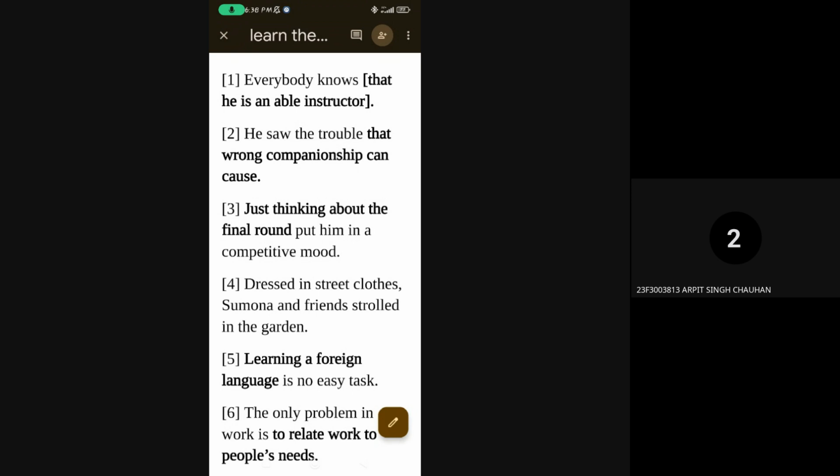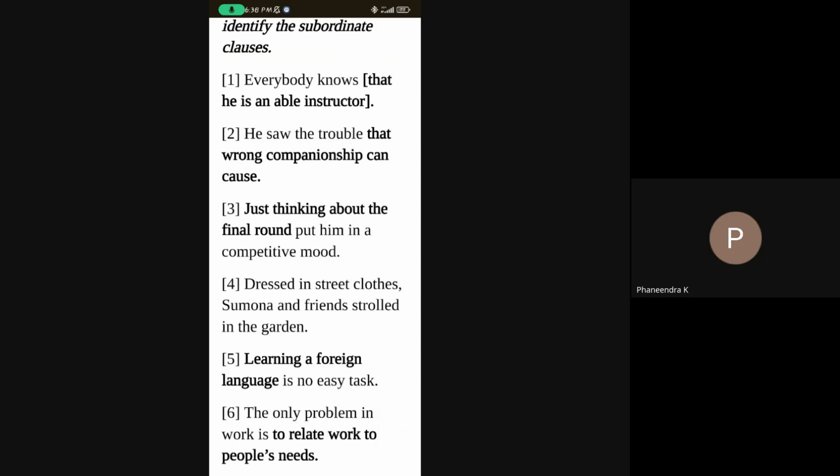Just thinking about the final round, right? So this is your subject, right? That whole clause, just thinking about the final round, is what? It's your subject. And it is replacing a subject, which means what kind of clause it has to be? Noun clause, right?